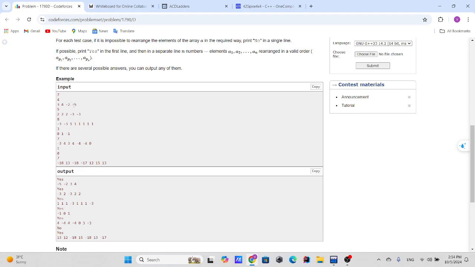The minimum is at the end. No. Okay, I realize that in order to make it a yes, you always need to put the smallest element at the last or the beginning of the array, right?